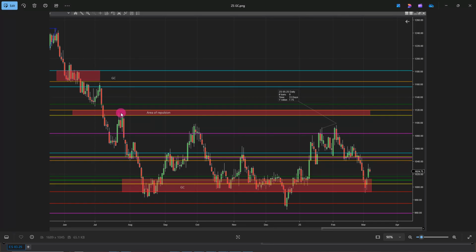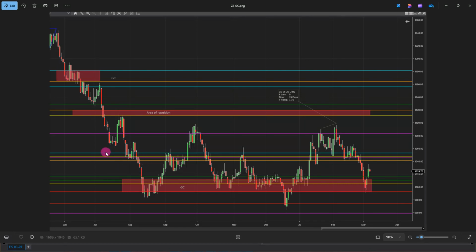When we didn't get a gravity center before that, because the price shot right through it, it becomes this area of repulsion, but could become a gravity center in the future, because these price projections will go forward in time and they have a memory.